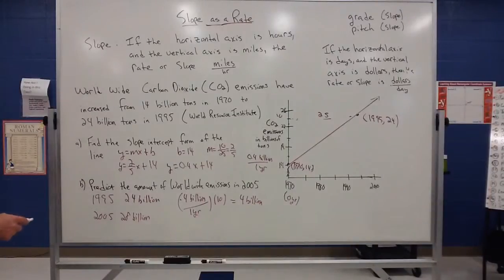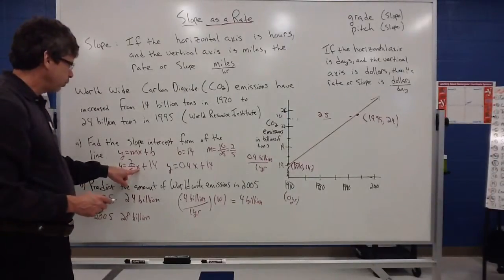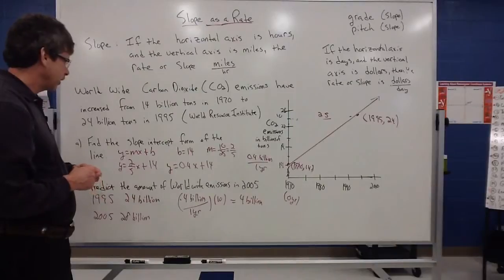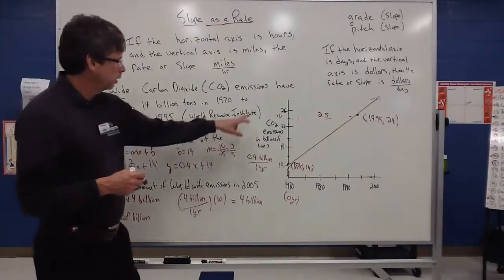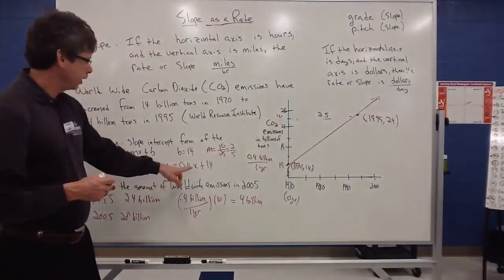Now we could also probably have put the 2005 into our formula, and it may have calculated it out for us. Because we're saying our y would be our emissions for whatever year we pick.